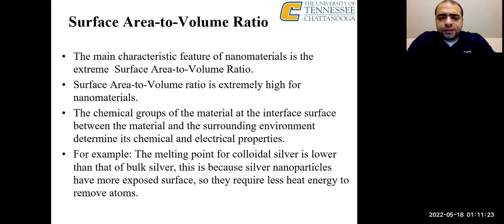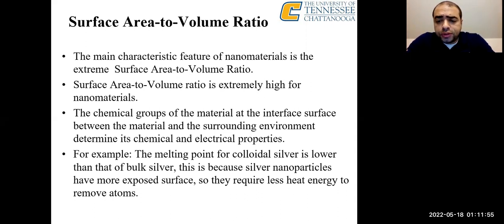So this is a very important term that needs to be understood in the nano world: the surface area to volume ratio. The main characteristic feature of nanomaterials is the extreme surface area to volume ratio. I'm going to show you an example in a minute, but let's see more details about this. Surface area to volume ratio is extremely high for nanomaterials.